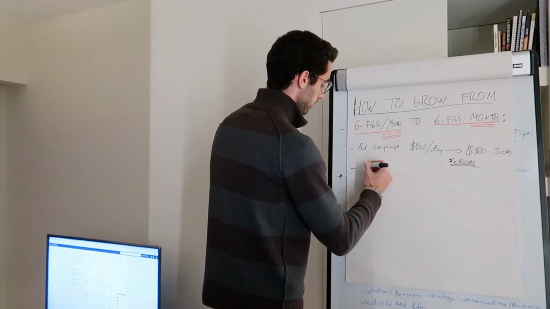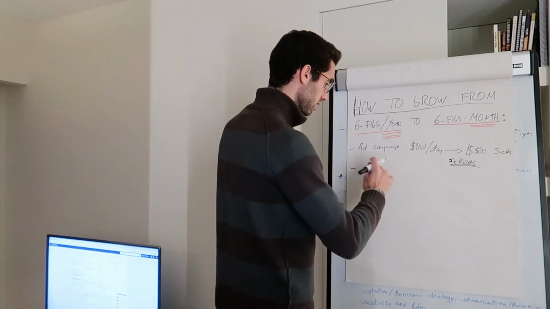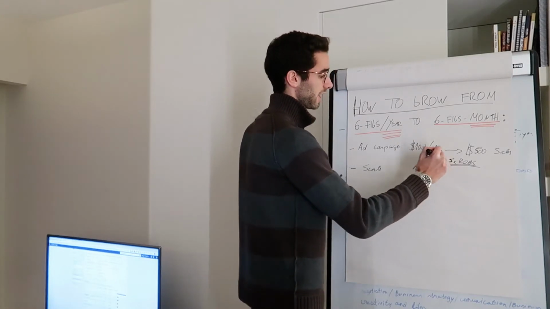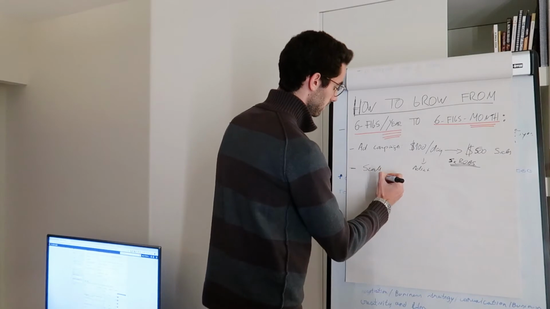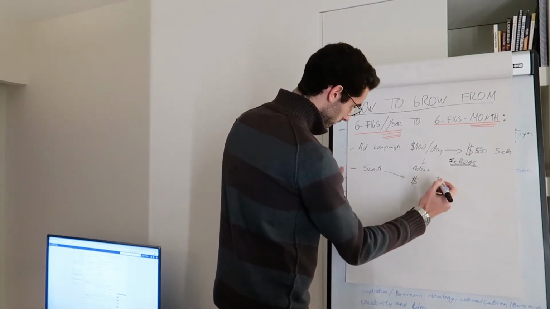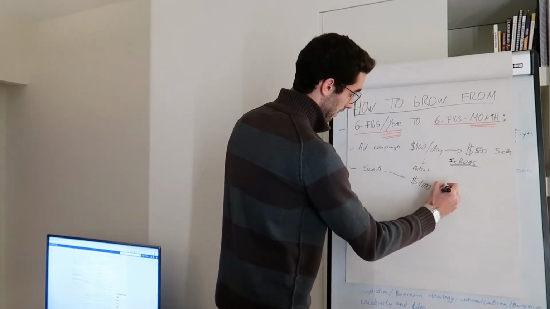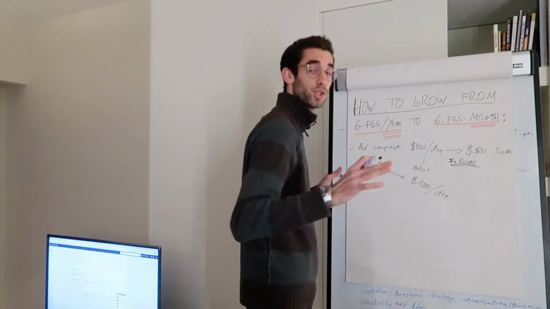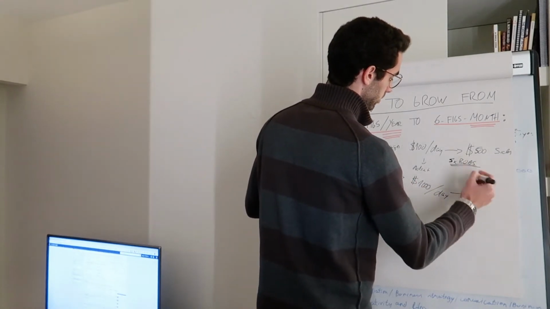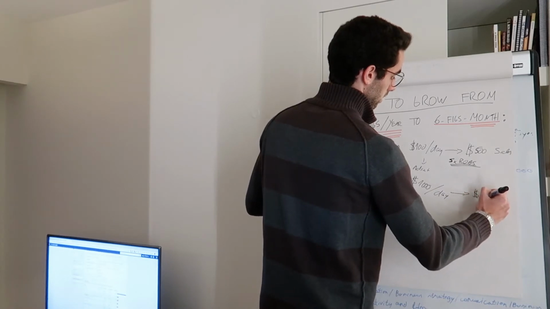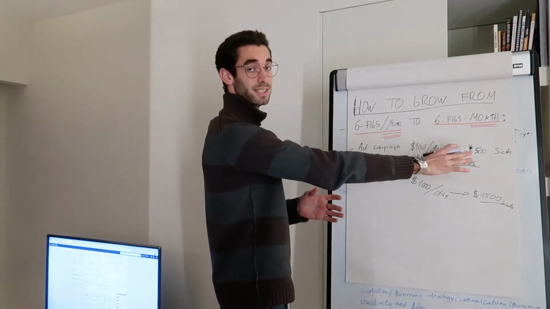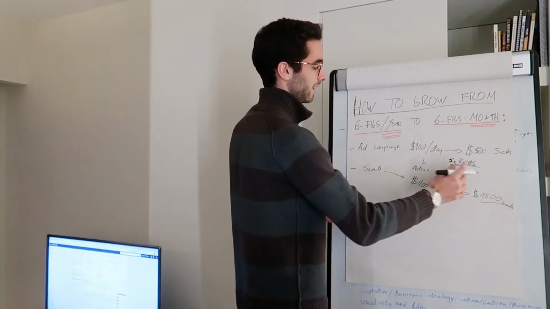So usually what happens when you try to scale, let's say you have one ad set performing at $100 a day and making $500 in sales, and you turn this ad set into spending $1,000 a day, is that the return drops.